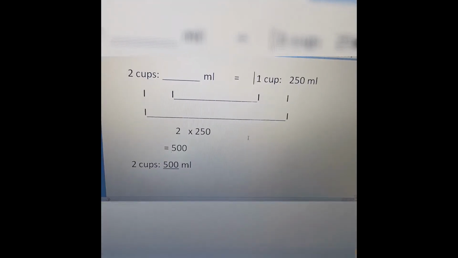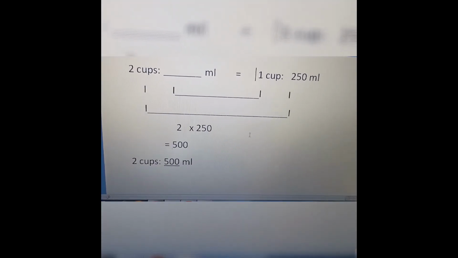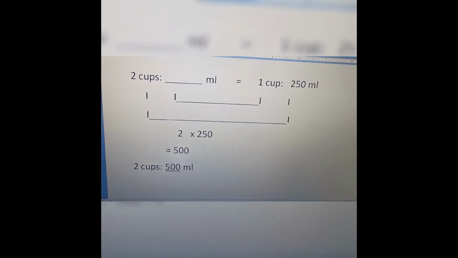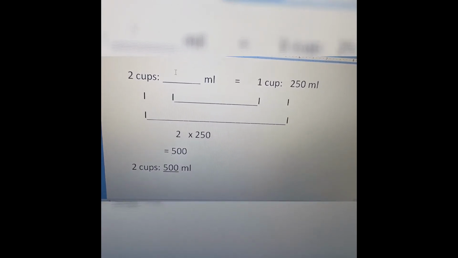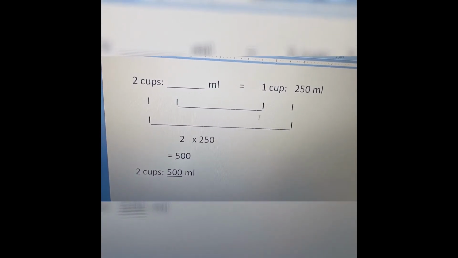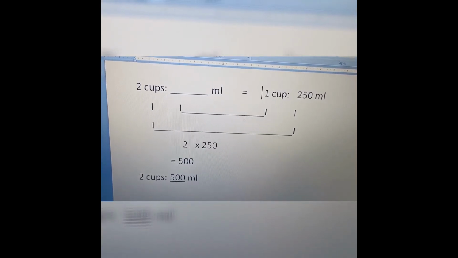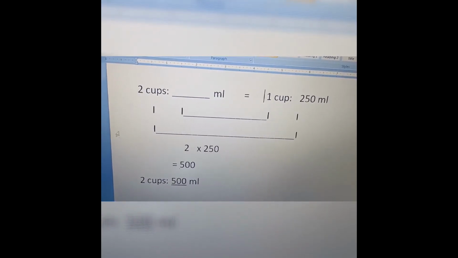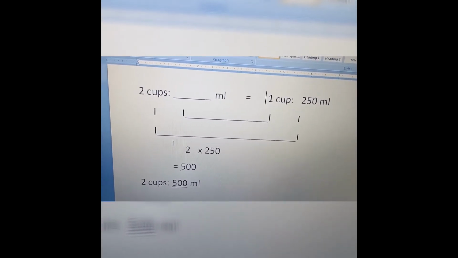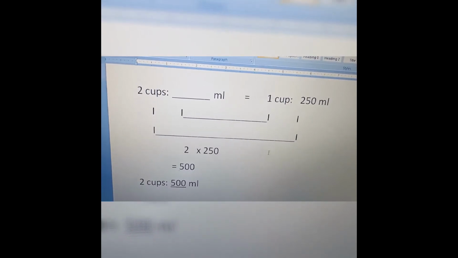Now let's calculate using this method. We are going to multiply the inner numbers, 1 and the ml. That's 1 times 0 equals 0. Then the two outside numbers, which is 2 times 250.